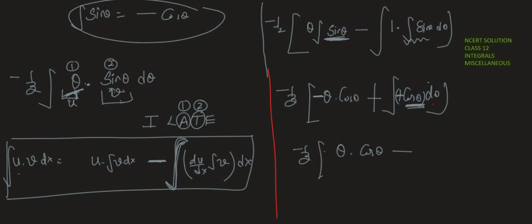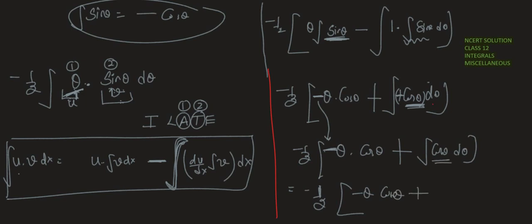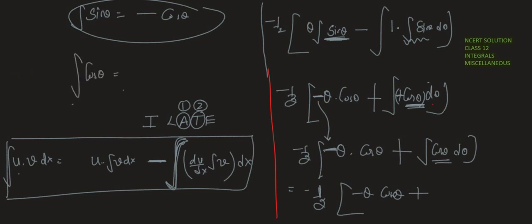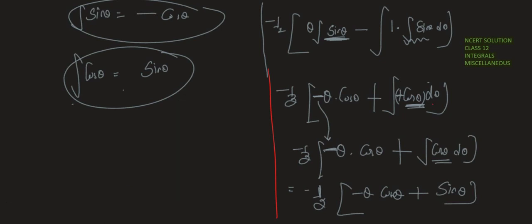And this is plus integration of cos theta d theta. So it will be minus half, minus theta cos theta plus integration of cos theta. This we should know: integration of cos theta is sin theta. This is also one formula. So this is my answer.